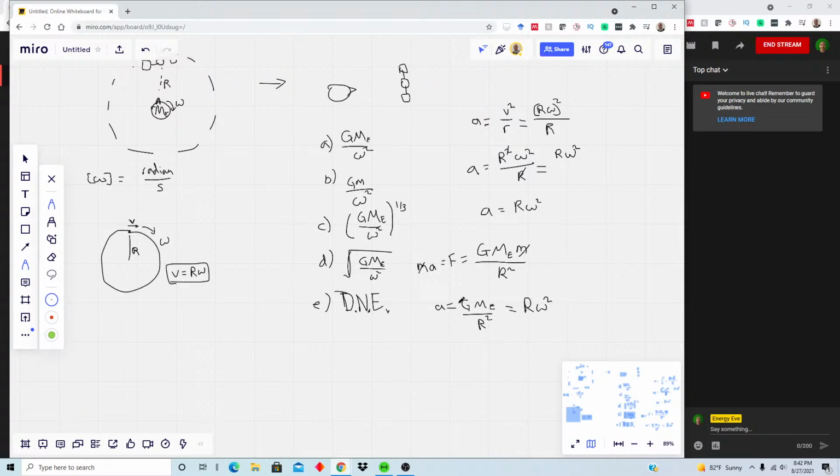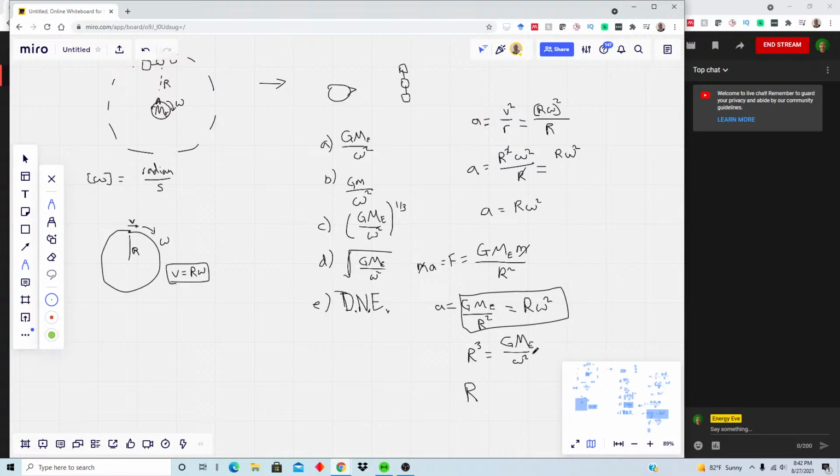We're trying to solve, so now we basically just want to look at these equations. We're going to solve for r, which means we're going to multiply both sides by r squared and move this omega over. So now we're going to have r cubed is equal to G M e over omega squared.